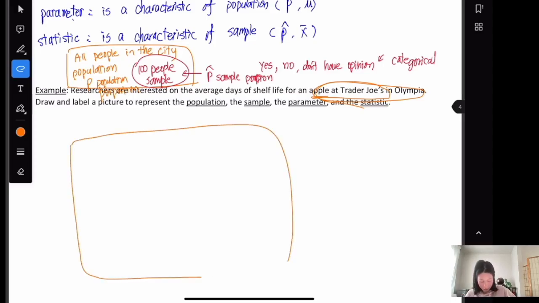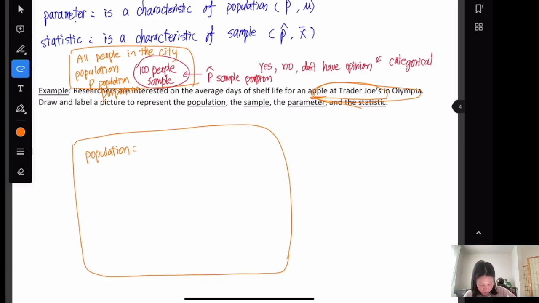all of the apples in Olympia. Oh, I'm sorry, all apples at Trader Joe's, not in Olympia.